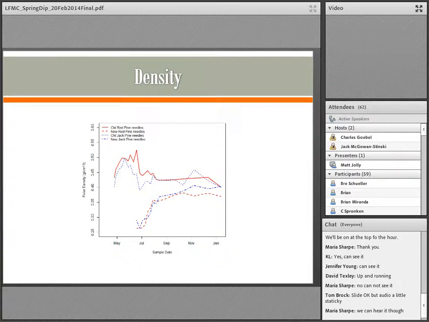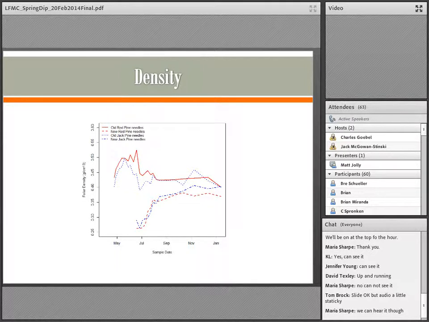So if we look at the actual density of the needles themselves, this is where things get pretty interesting. During the springtime, coincident with the timing of the dip, we see a very strong increase in the density of the needles. So what that means is essentially that those needles are supercharging with something, basically accumulating something inside their intercellular spaces during this period, and that period is when photosynthesis actually starts.